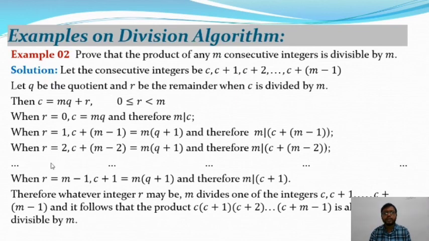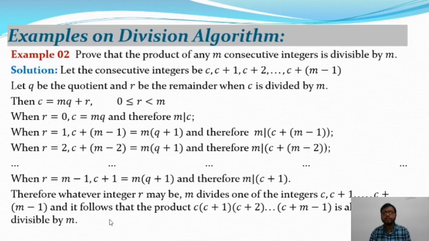Similarly, when we take r equal to m minus 1, then from the division algorithm we get c plus 1 equals m into (q plus 1), and therefore m divides c plus 1.